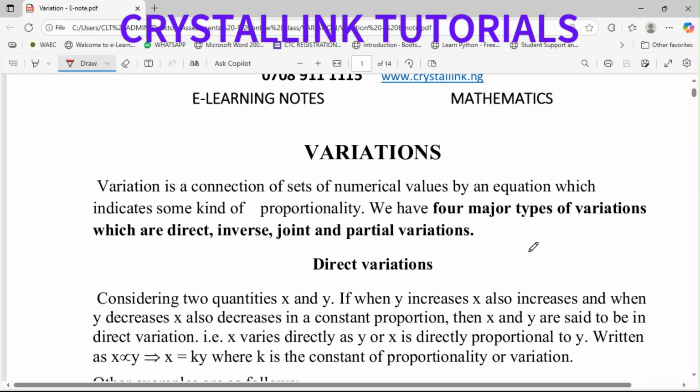Then you have four types of variation, major types, of course, and they are direct variation, inverse variation, joint variation, and partial variation.